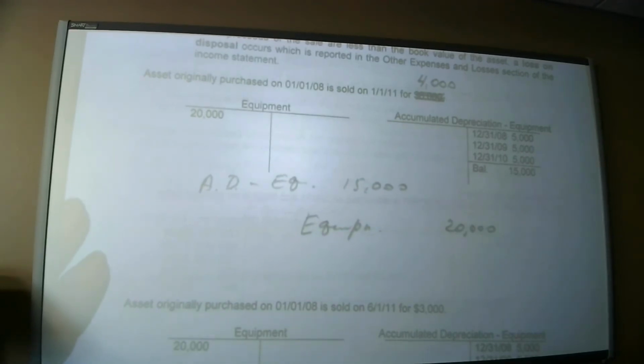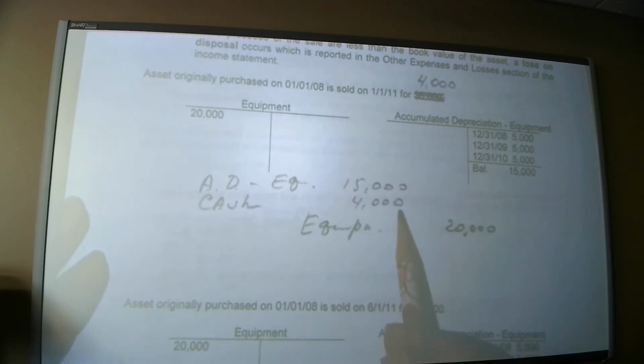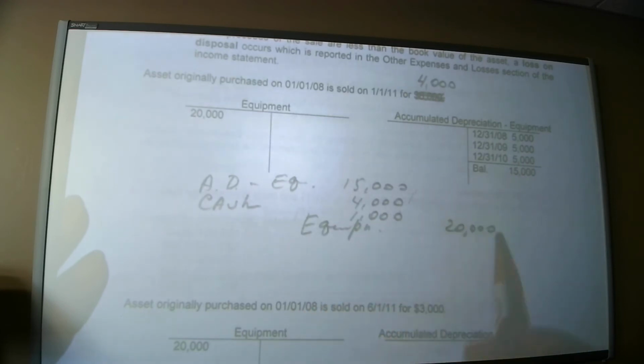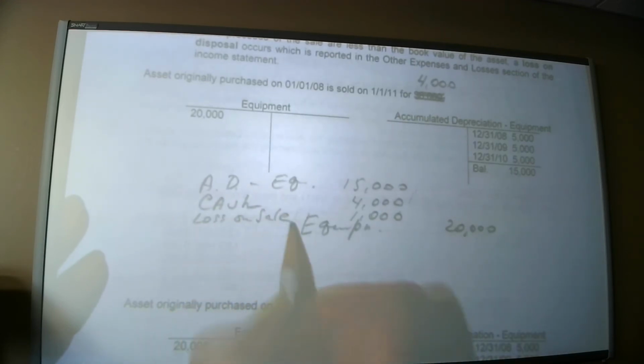Okay, then I will plug in my cash, $4,000, and I have 19 on the debit side. If I add up all the debits, 19, and my credits are 20. I am off by $1,000, so my debits equal my credits. And it is on the debit side, it must be a loss on sale.